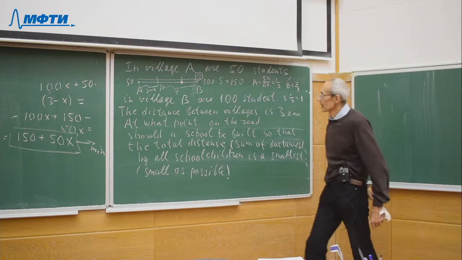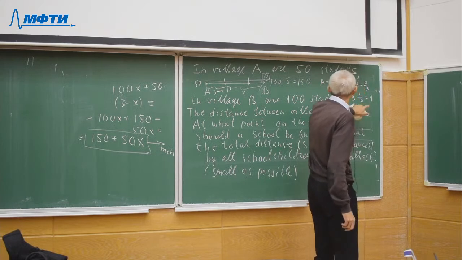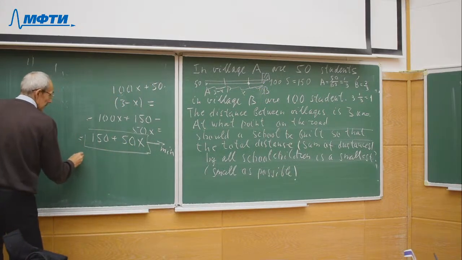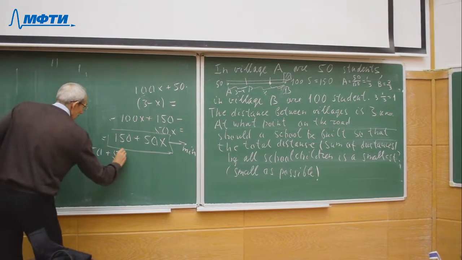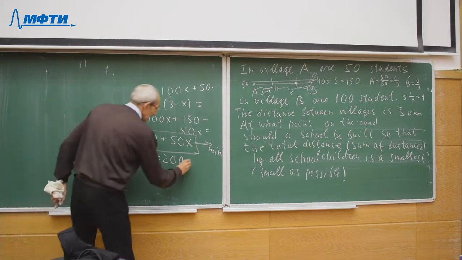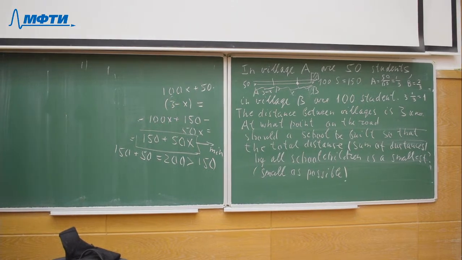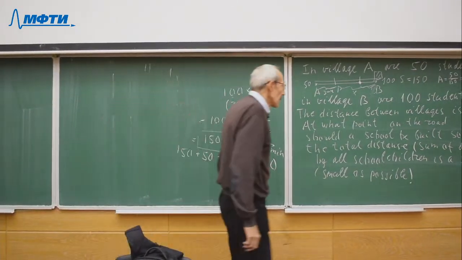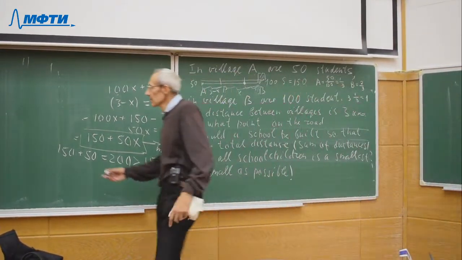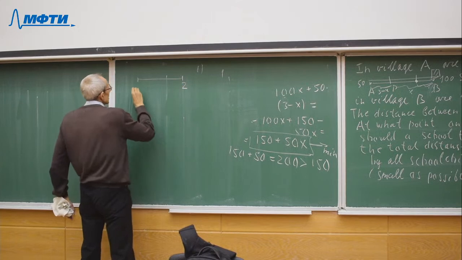Let's check this answer. x is 1 kilometer, and the answer in this case is equal to 200, greater than 150, so it is not the minimal distance. Okay? This is a simple example. Let's consider a simpler example. 2 students, 1 student.